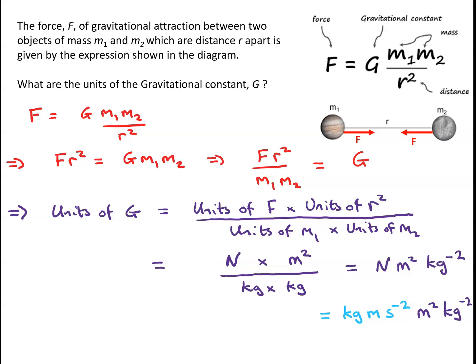So the units of G are kilograms meters seconds to the minus 2, times meters squared kilograms to the minus 2. In other words, we have meters cubed, kilograms to the minus 1, seconds to the minus 2, as the units of G.